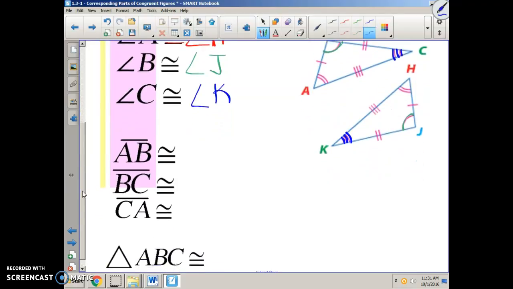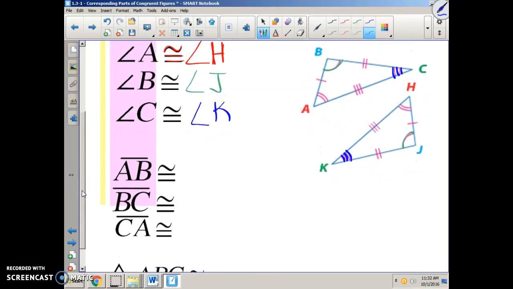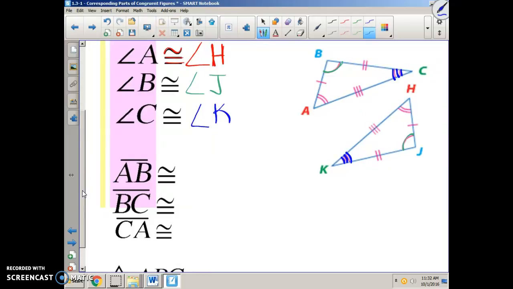The sides really aren't that much more difficult, but you do have to be kind of cautious about what order you put them in. I've got AB, and we'll get some nice colors to match them too. AB has one tat mark, and that matches with HJ, and notice I said HJ, not JH, because A should match with H, just like we said up here.